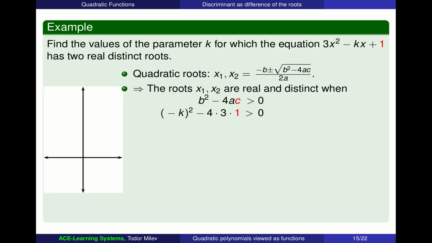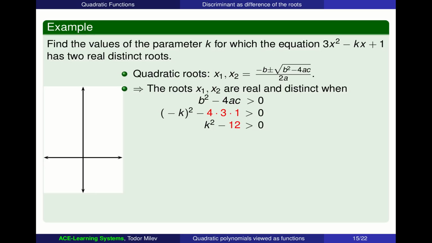All right. So minus k squared is k squared, and 4 times 3 equals 12, and 12 times 1 equals 12. So our inequality becomes k squared minus 12 greater than 0.